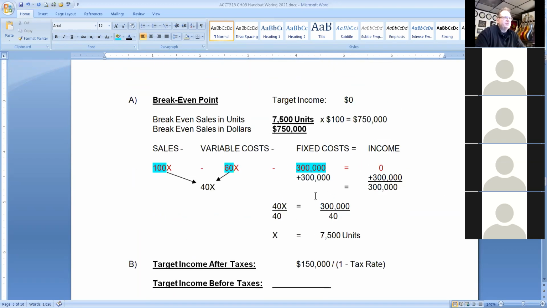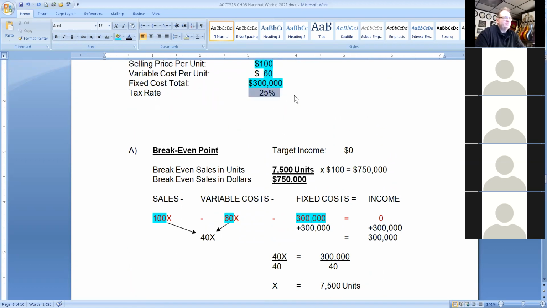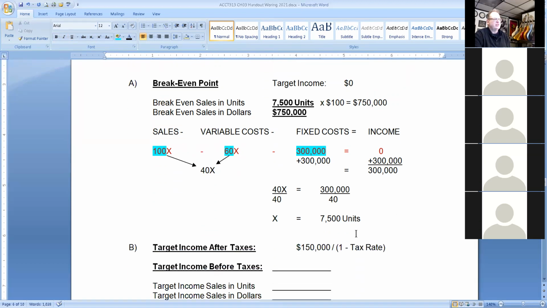Okay, so let's go up here. So the tax rate is 25%. I'm going to put that into a decimal. It's easier to work with. Not easier to highlight, but easier to work with. So the tax rate is 0.25.